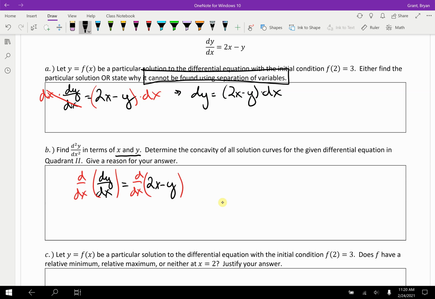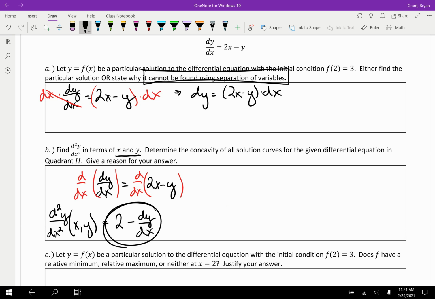So this gives us the second derivative of y with respect to x is, well, the derivative of 2x is 2. The derivative of y with respect to x is dy/dx. Can we stop there? Well, they said find d squared y over dx squared in terms of x and y, which means our second derivative has two inputs, and the two inputs are x and y.